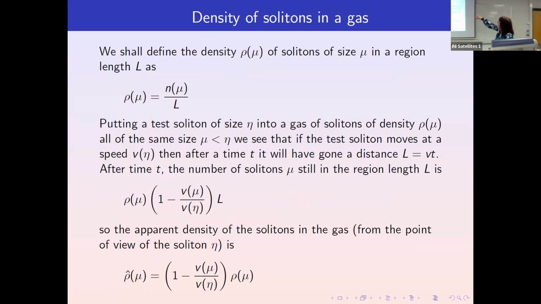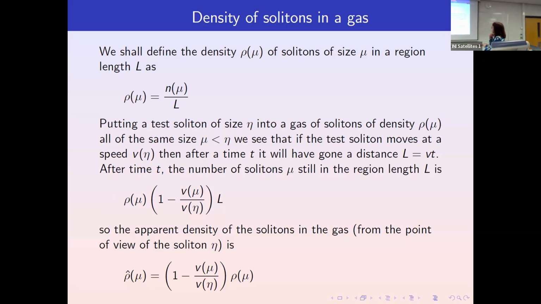So what I want to do is define a density of solitons in a region. I look at the region and I've got different size solitons in my region, lots of different sizes. They don't have to be integer in size. And then the density is basically the number in the region divided by the length of the region. So I imagine I've got my soliton gas, with many different solitons of different sizes in it, and they have some density.